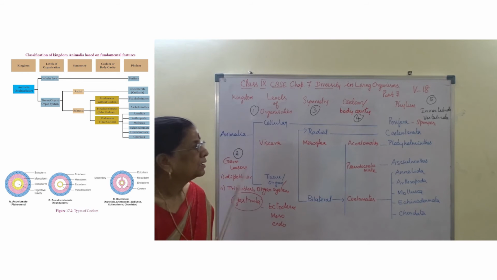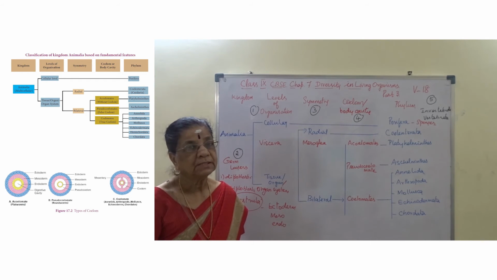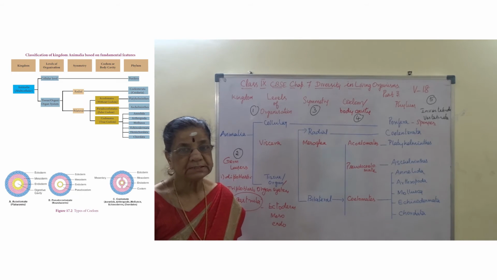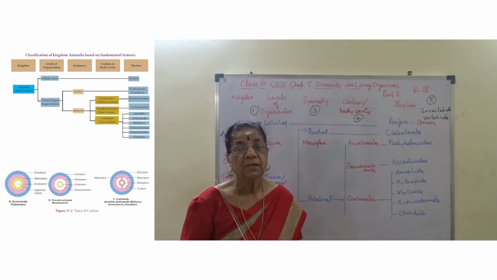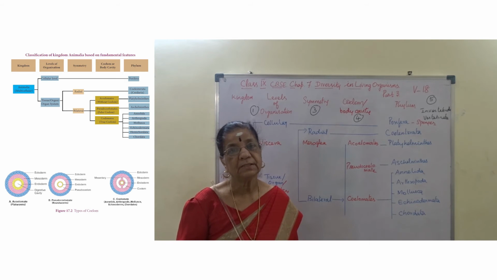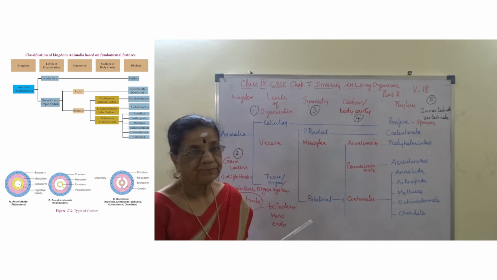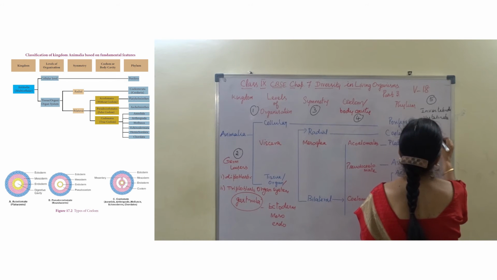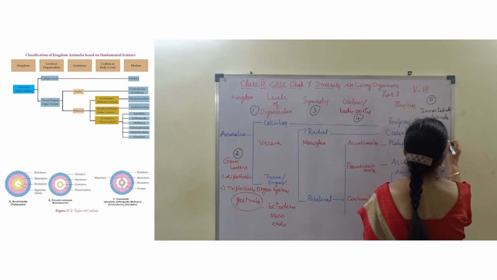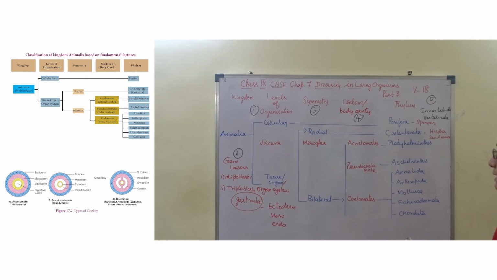So animals included under phylum Coelenterata are diploblastic in nature, with the presence of outer ectoderm, middle mesoglea and inner endoderm, and they show radial symmetry. Example, Hydra and sea anemone.